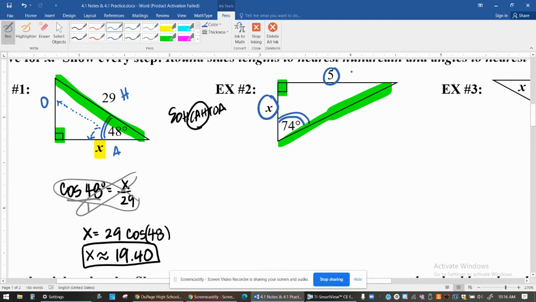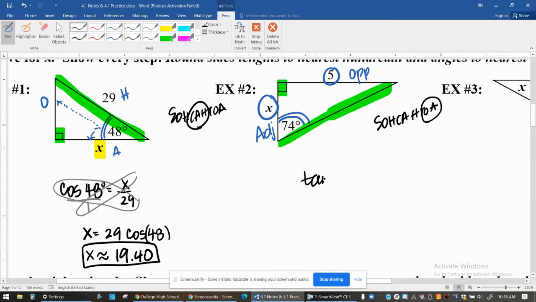We've got opposite, or you can just use the letter O, and adjacent, which means next to. So according to SOHCAHTOA, opposite and adjacent require us to use tangent. So I'm going to set up an equation.